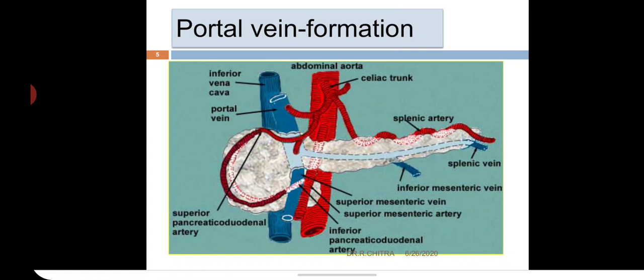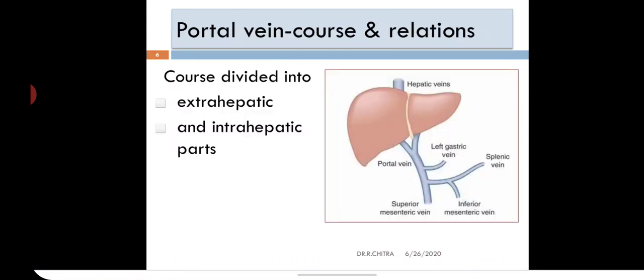We will mainly see the extrahepatic part. As it enters the liver, that is the intrahepatic part.